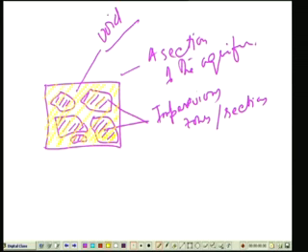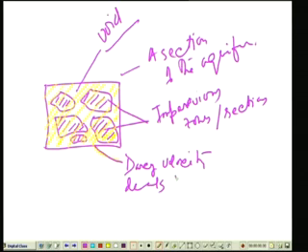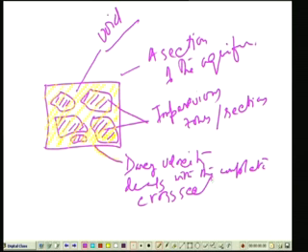So the velocity that we are measuring here, the Darcy velocity, deals with the complete cross section, but actually the flow is taking place elsewhere.